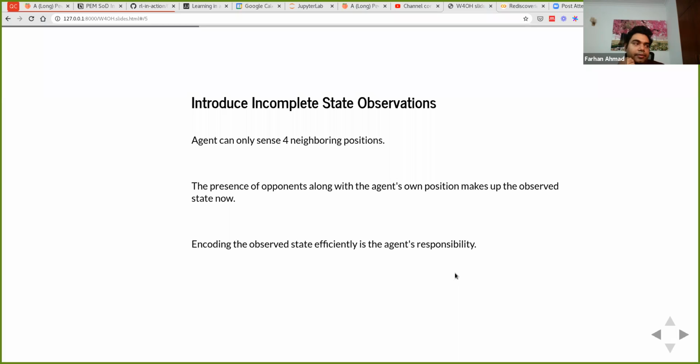Then we left it to the person developing the algorithm to encode the state efficiently, because there were multiple ways. Instead of encoding everything, we could just have placed bit vectors next to each other, the bit vector representing the state of the player and the bit vector representing the presence or absence of opponents, and then encoded the whole thing.